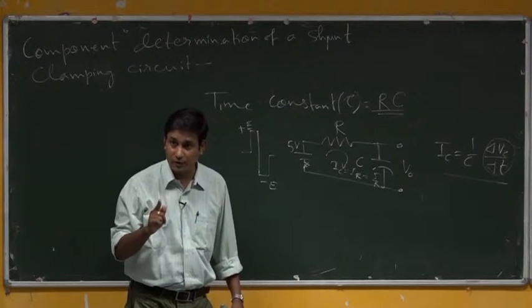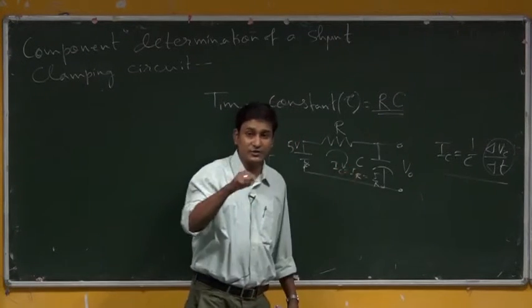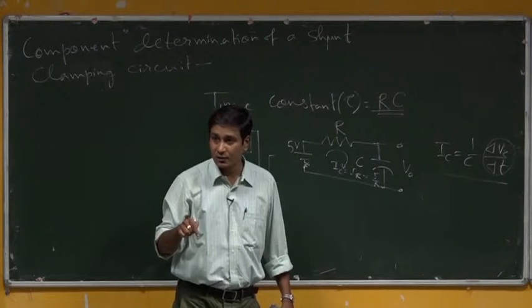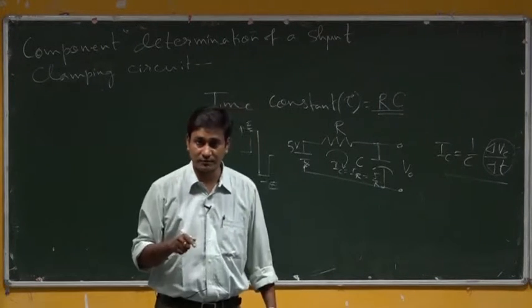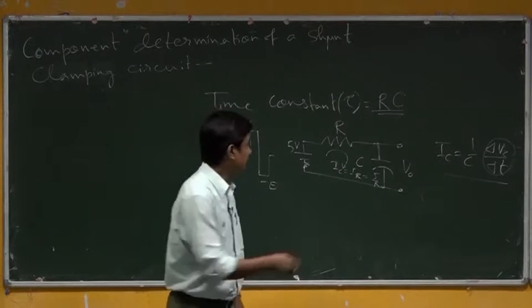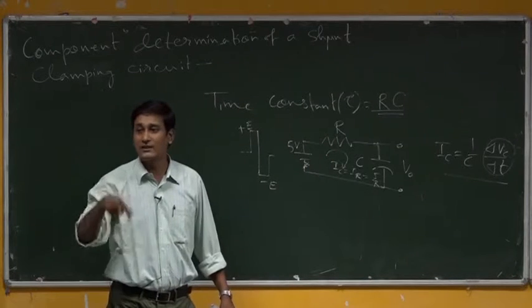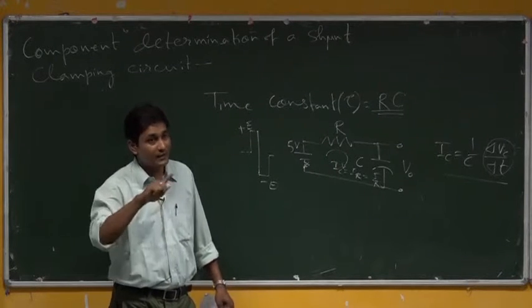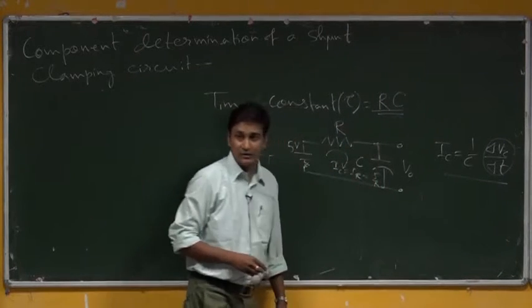I am talking about the rate of change, not the potential, because current through the capacitor is decided by the rate of change of potential difference with respect to time, not on the absolute value of the potential across it. But for the resistor, the absolute value of the potential across it decides how much current flows through the resistor. So, it is slightly different for the capacitive element.